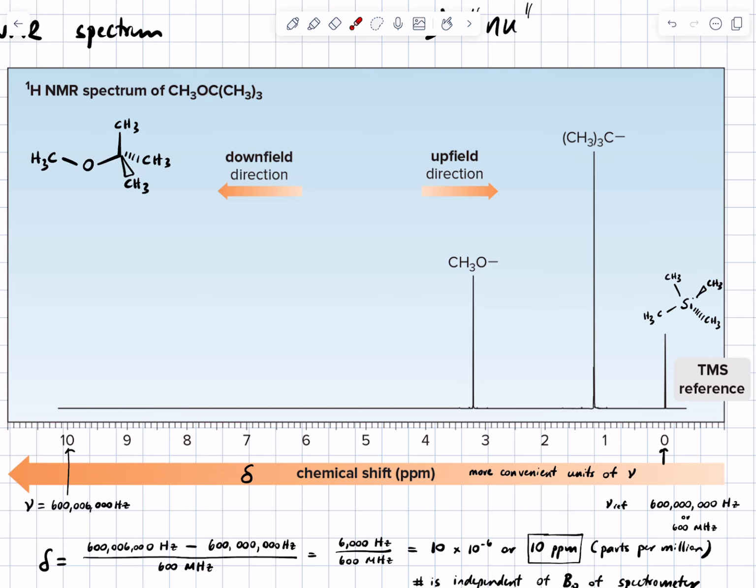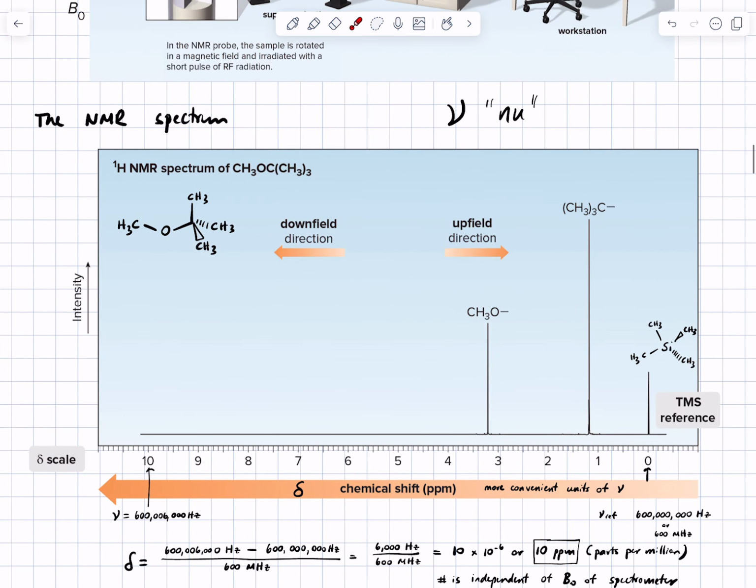There is a reason for that. It no longer matters, but in the text and in some problems you'll have to deal with, they'll talk about, oh, well, what about that peak that's downfield of this other peak? And you just need to know that downfield is to the left at higher frequency, upfield is to the right at lower frequency.